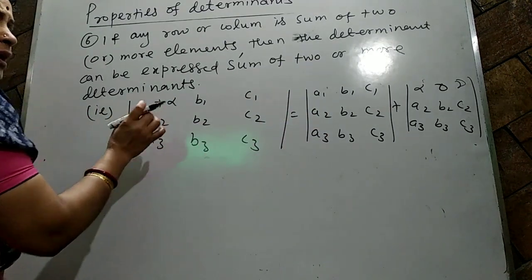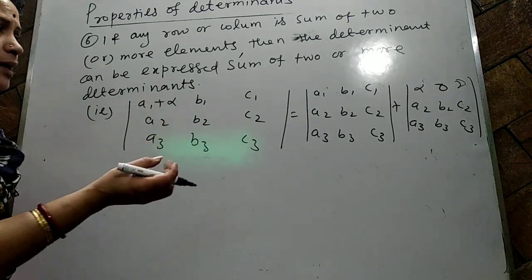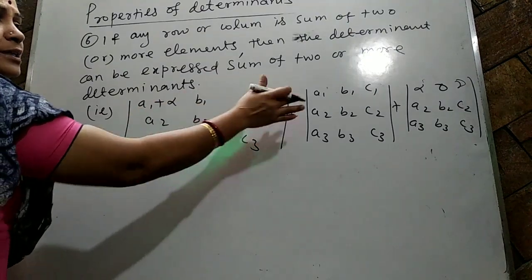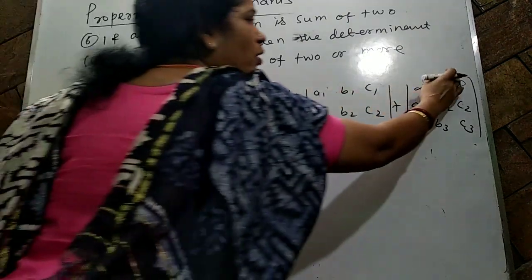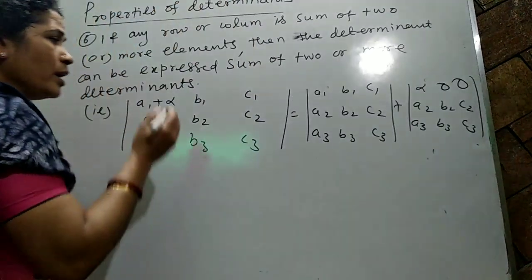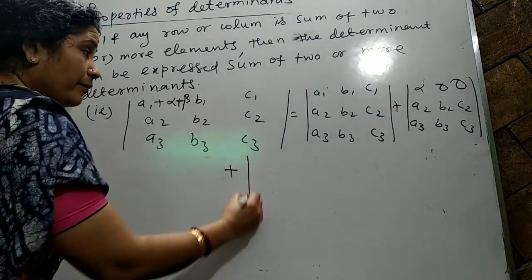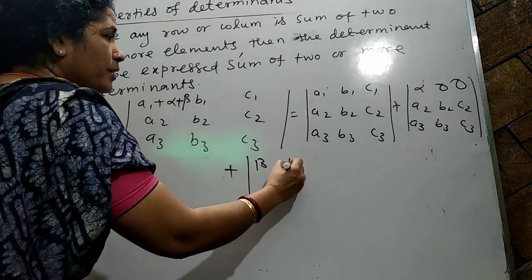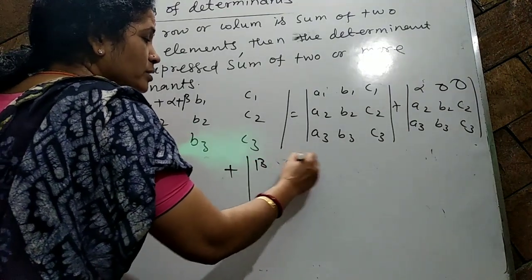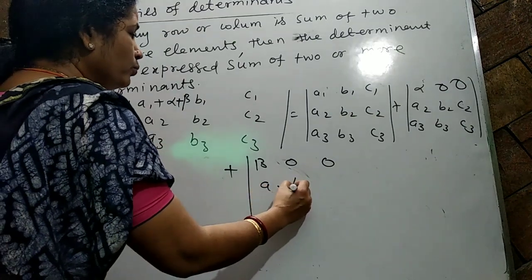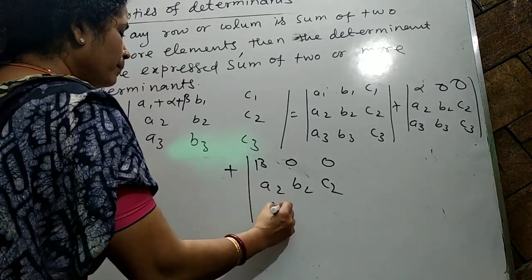If any row or any column is the sum of two or more elements, then the determinant can be written as such. So here there is no gamma, you can write 0 here. Suppose in case here alpha plus beta, another element, then we can write this as beta, B1, 0, 0, then A2, B2, C2, and then A3, B3, C3.